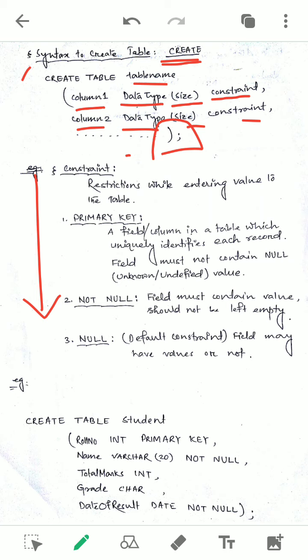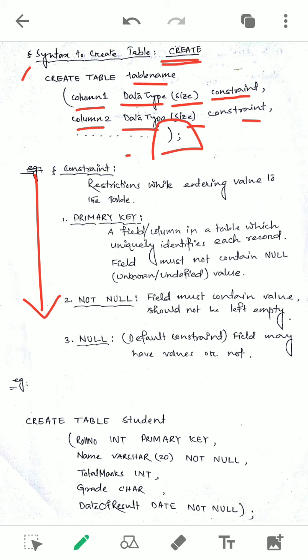Like if you make a student table, in the student table one column will be their roll number. Roll number is always unique. Roll number 1, only one student, 2 another. You will not find two students having the same roll number. So if we want to uniquely recognize a student, say roll number 1 comes, only one student, 2 comes, another.